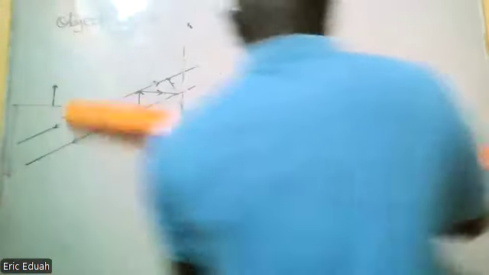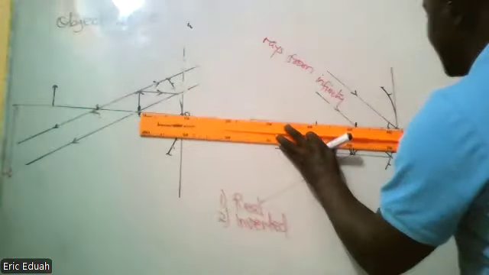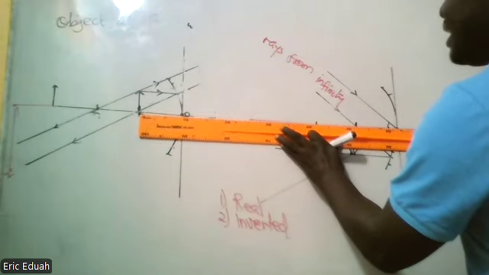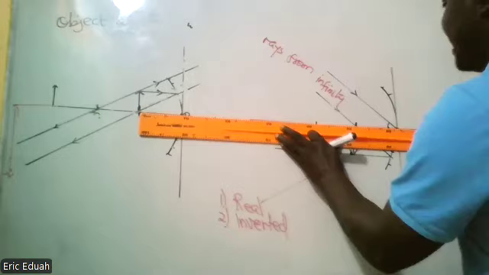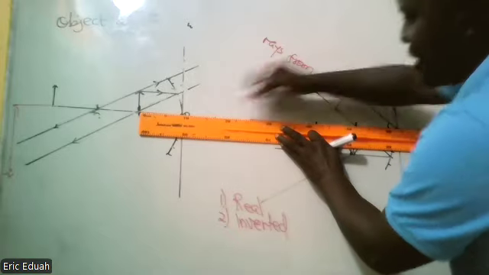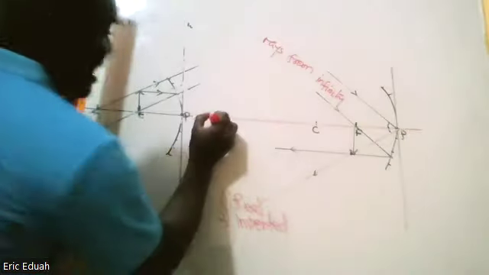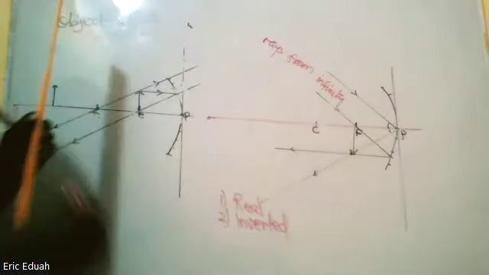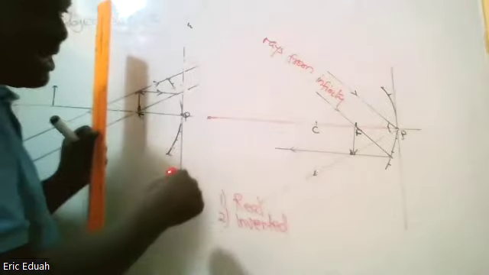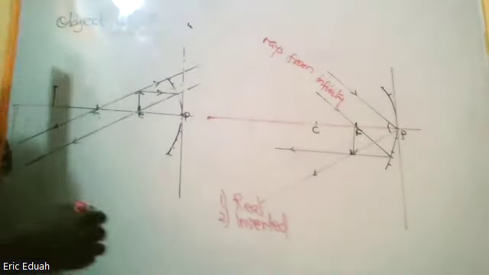What is diminished? Let me extend the principal axis and imagine that infinity is just at this point, any position behind C.